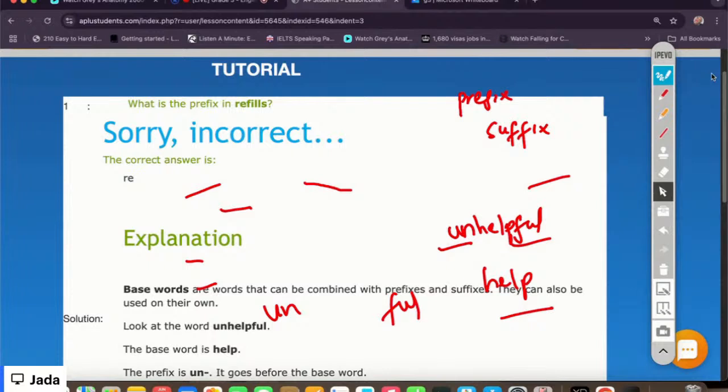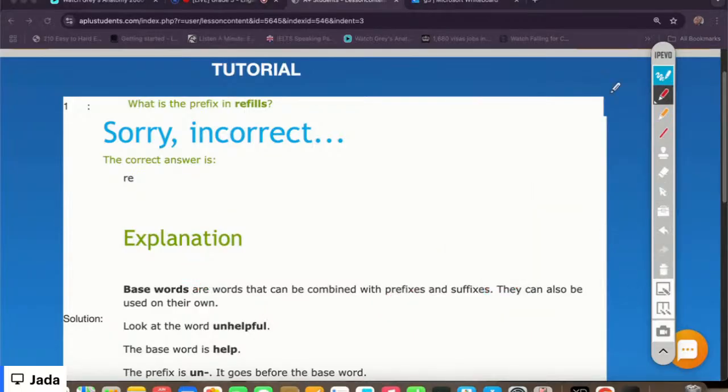So basically you have to note that the prefix comes at the beginning and the suffix comes at the end. Always, the prefix will be at the beginning, and then the suffix will be at the end. Okay, let's look at some examples. What is the prefix in refills? As I've said, the prefix is at the beginning.